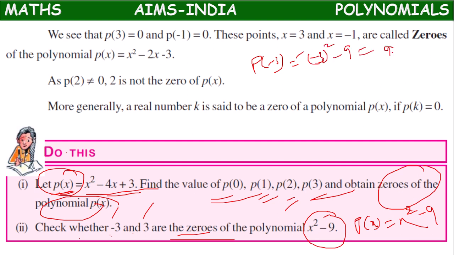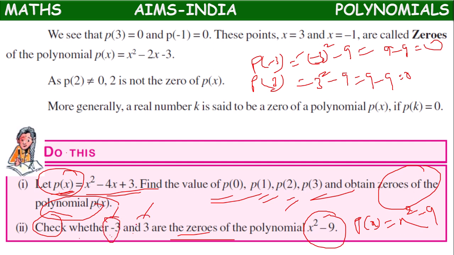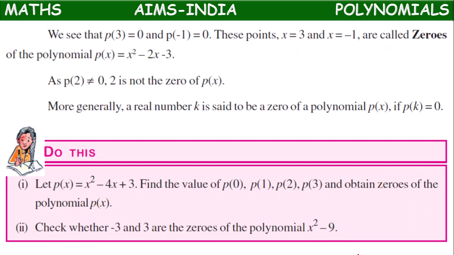Minus 3 whole square means 9, minus 9 is 0. If you keep p of 3, then also 3 square minus 9, 9 minus 9 equals 0. So after checking, we can conclude that yes, minus 3 and 3 are zeros of the polynomial x square minus 9.